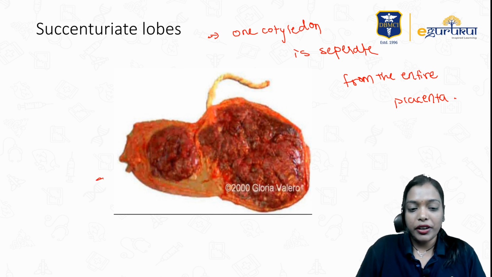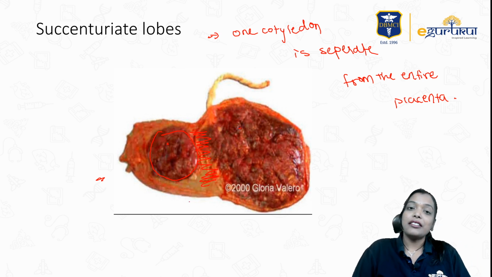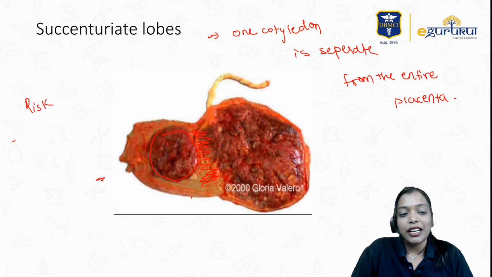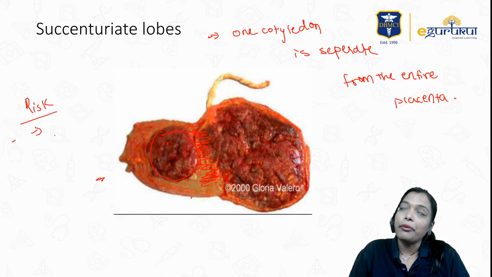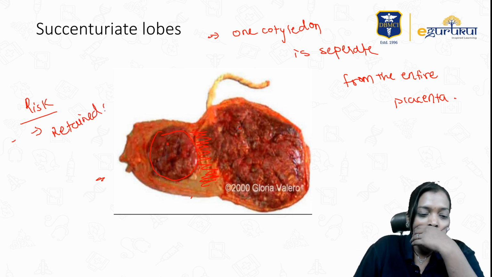So when one cotyledon is separate from the entire placenta but connected with membranes, you call it a succenturiate lobe. What are the risks associated with this? The cotyledon can be left inside, so it can present as retained placenta.